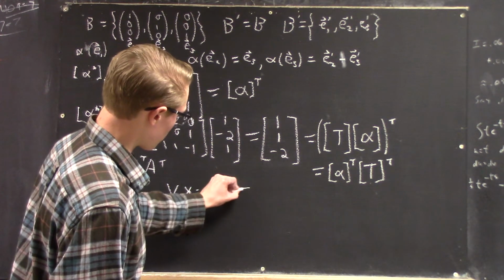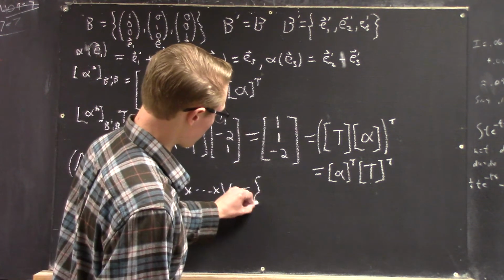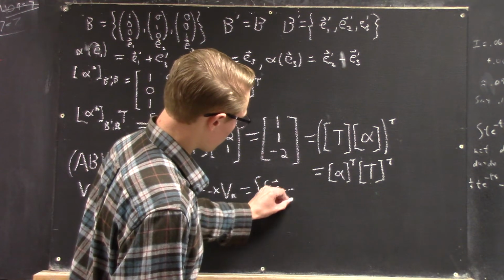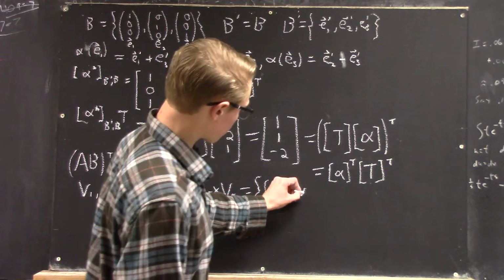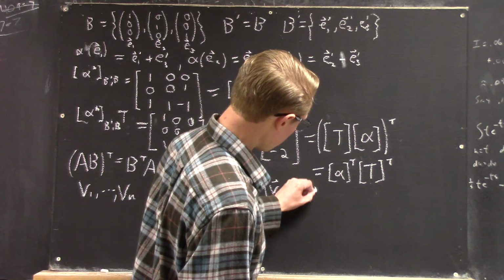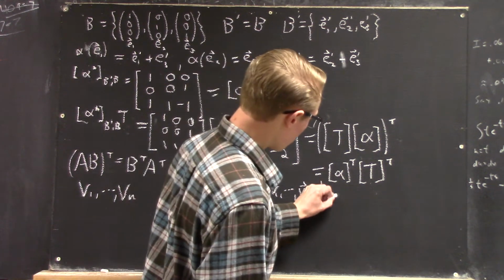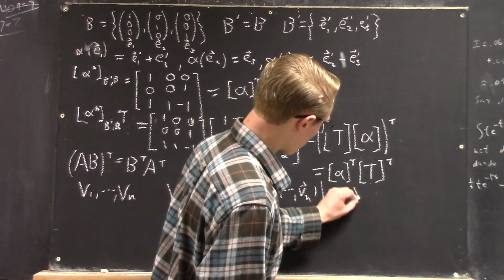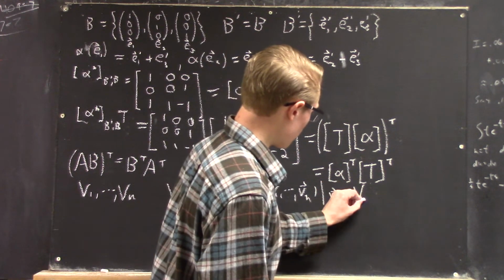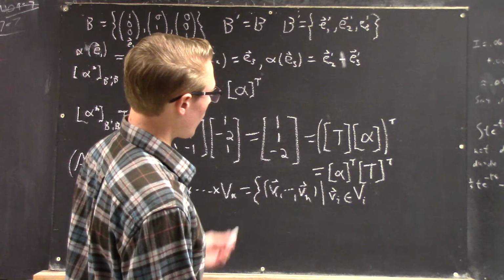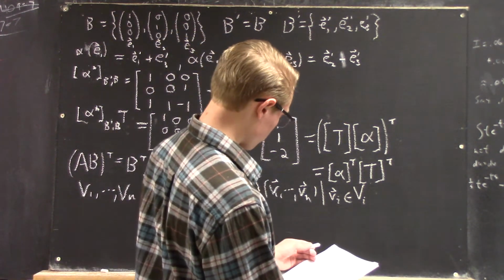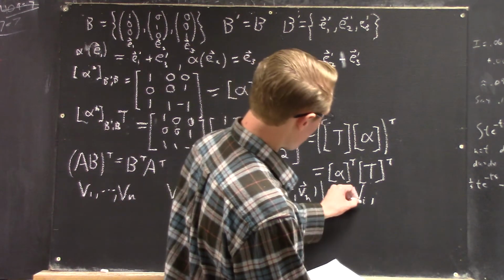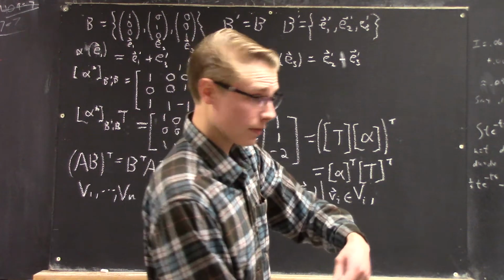This product is equal to the set of all tuples of vectors V1 through Vn, such that Vi is an element of the corresponding vector space Vi, and this applies from i equals 1 to n.